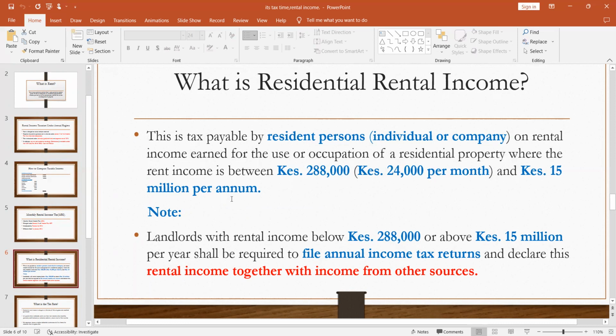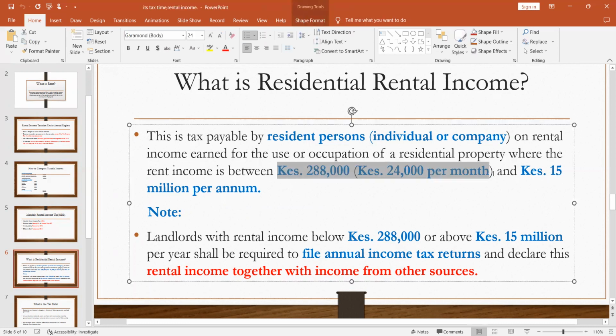So you'll be able to understand that if you fall between this bracket, then you're supposed to be under the monthly rental income, the MRI. Remember, if you fall below 288,000 or above 15 million, then the annual regime is what you'll qualify for, and the annual regime is what we've just explained.